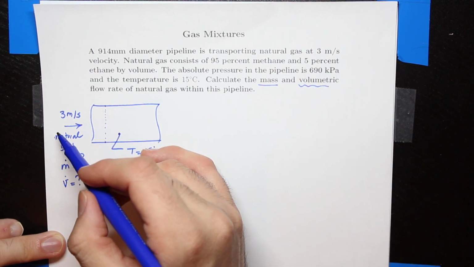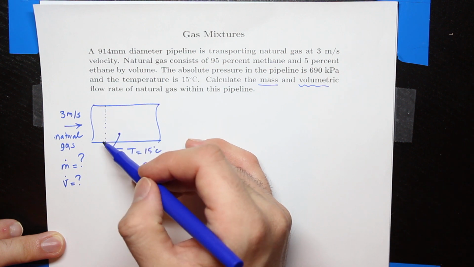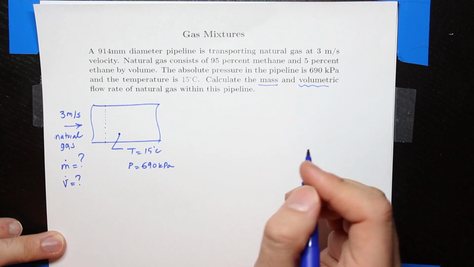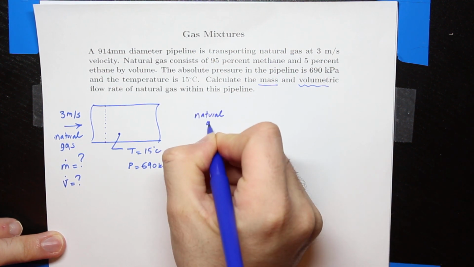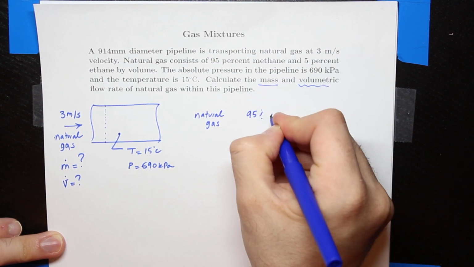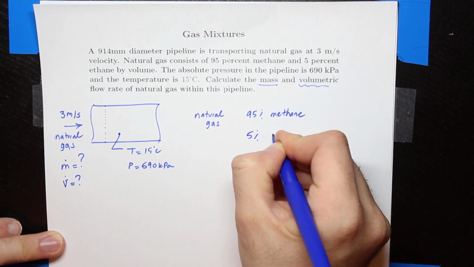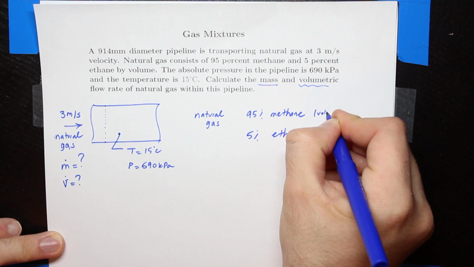Let's say, what is the kilogram of gas passing through this cross section during 1 second. The problem statement tells me that the natural gas has 95% methane gas and 5% ethane gas by volume.